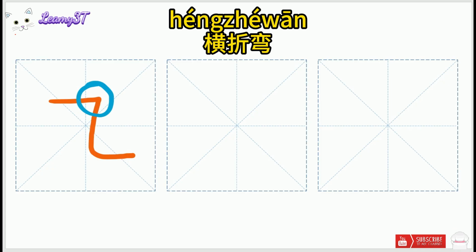But 弯 is the opposite, smooth and curved. Please pay attention to this.